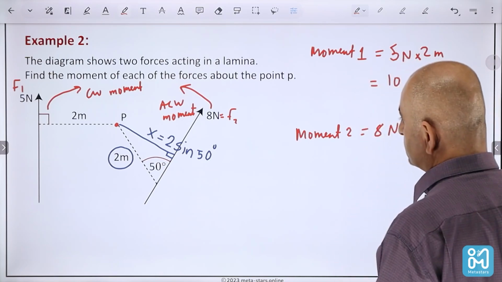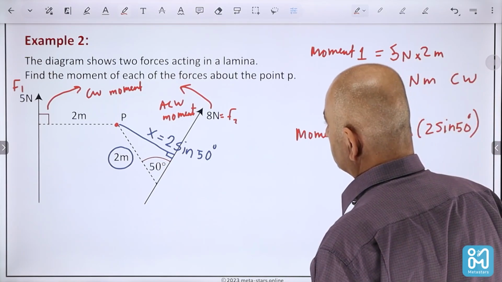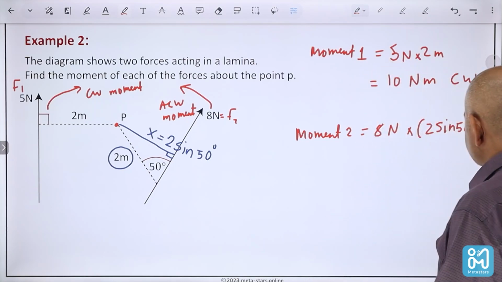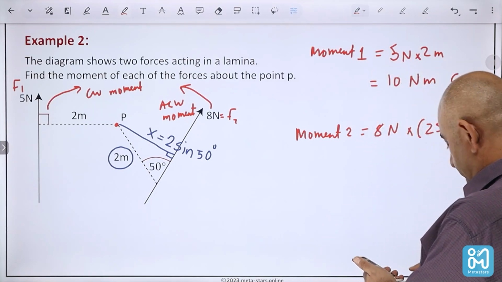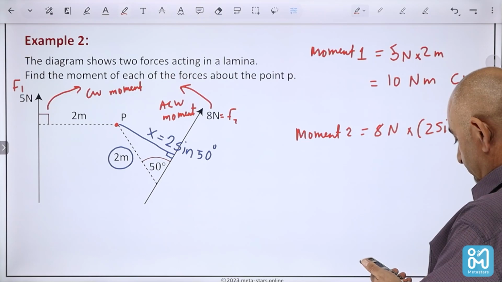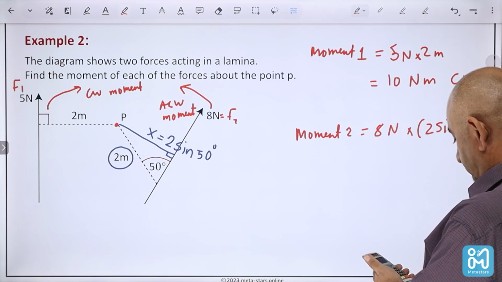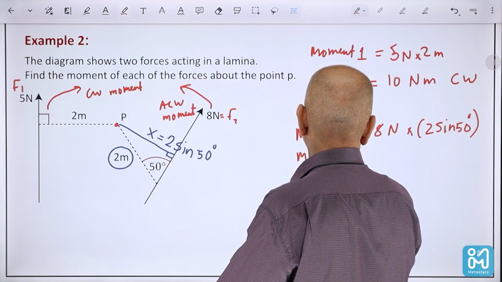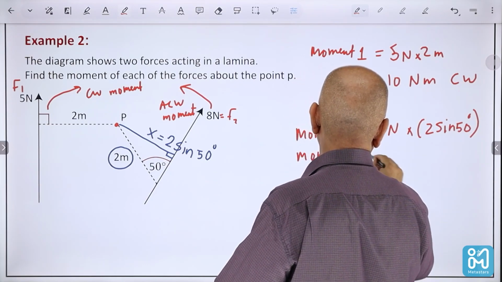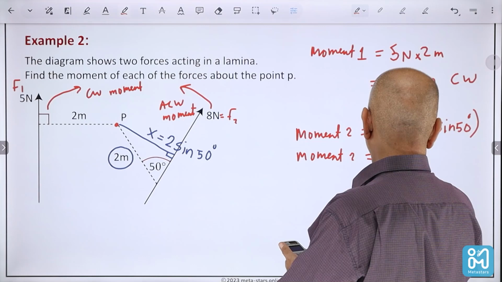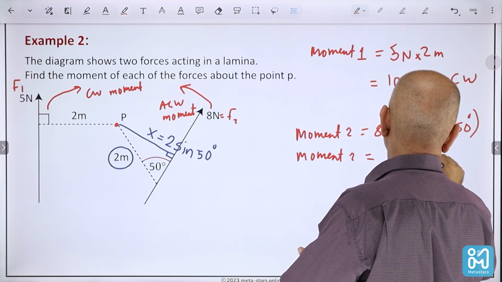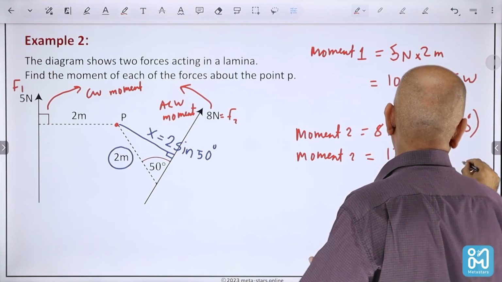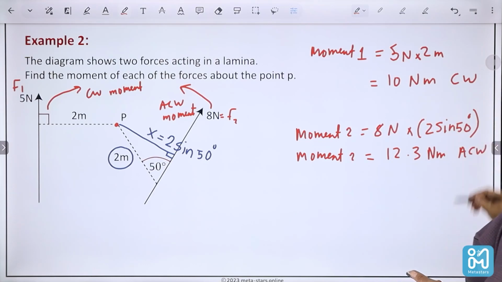So the answer is 12.3 Newton meters, but this time it's anti-clockwise, right?